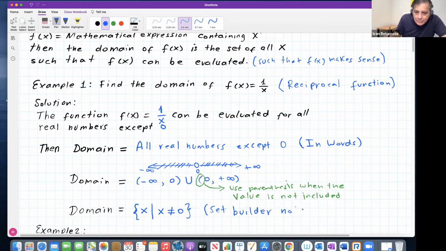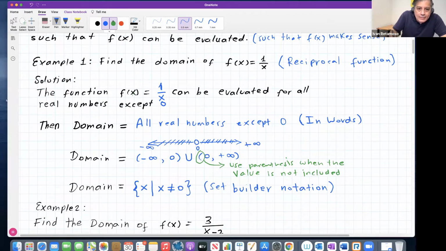And try to understand that these three are completely equivalent. And when you go over the homework or worksheets, you should be able to identify your answer with any of these three forms for your domain, okay?